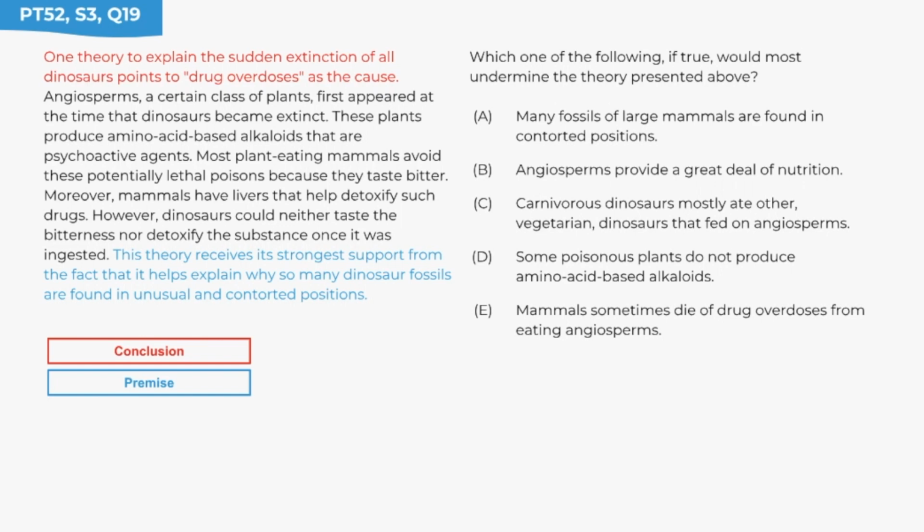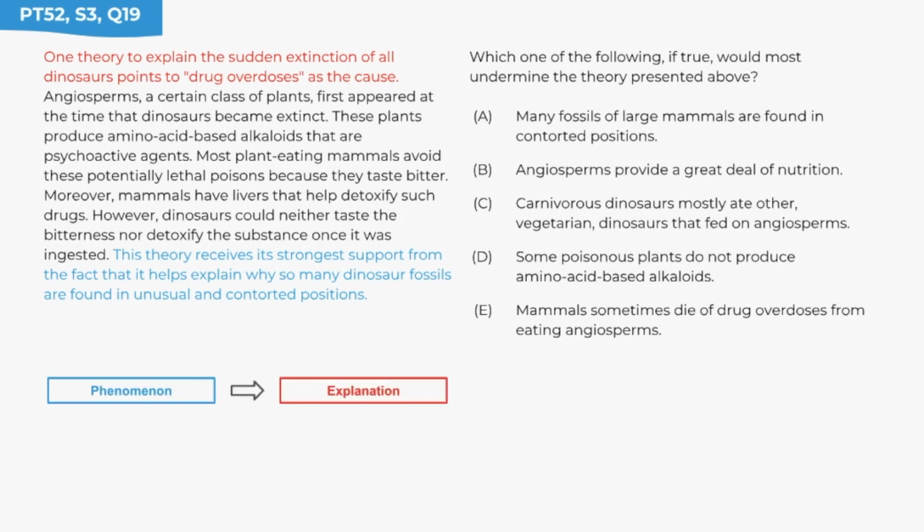They're saying that the explanation is what caused the phenomenon to occur. So in this case, they're saying that the explanation for why the dinosaurs are found in contorted positions is essentially drug overdoses.